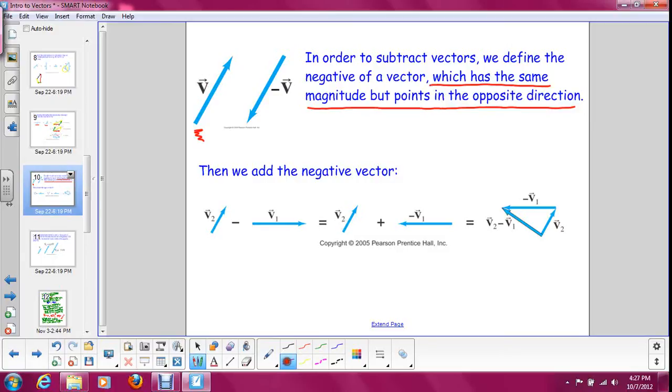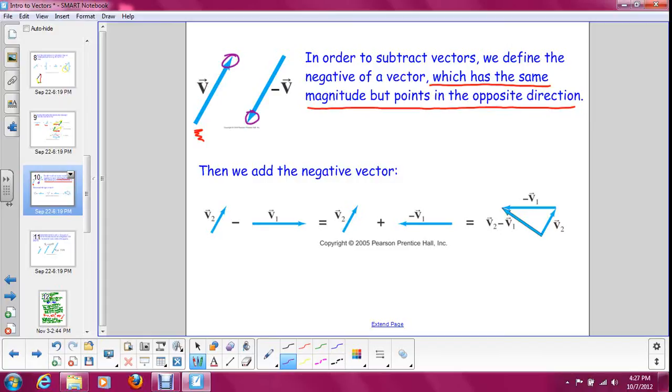You can almost think of it as chopping the head off over here and putting it down on the bottom. And now it becomes the negative of what it was. We add the same way that we add positive vectors together, tip to tail. It's just that now you have a negative vector, it has reverse direction.